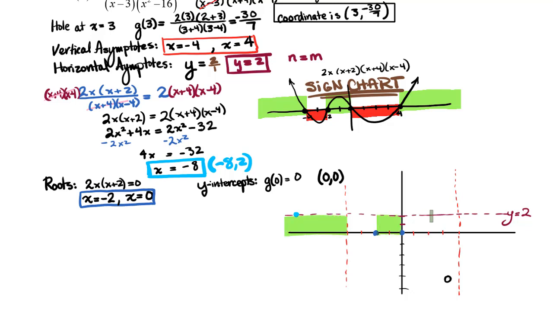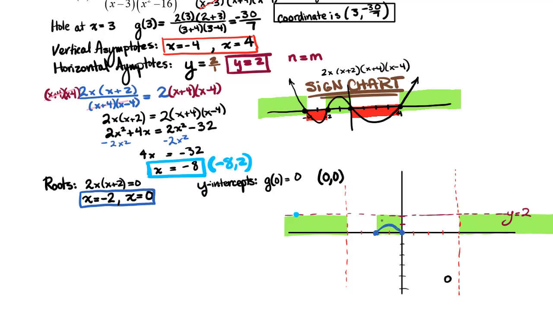And now let's list where my function is going to be positive. Again, it's positive from -infinity to -4, from -2 to 0, and from 4 to infinity, which means the other sections will be negative. I know I have to cross the 2 roots, and I will be positive between those 2 roots.